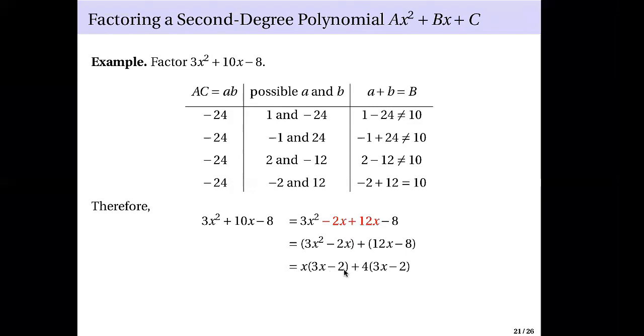So you now see that 3x minus 2 is a common factor to the whole expression. So you can factor out 3x minus 2 now to obtain x plus 4 times 3x minus 2.